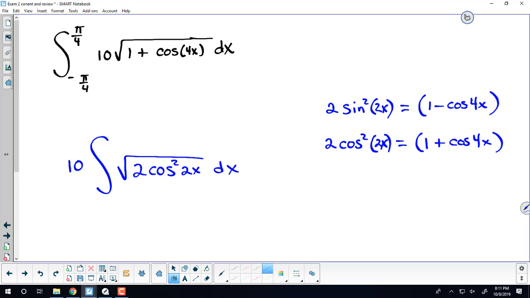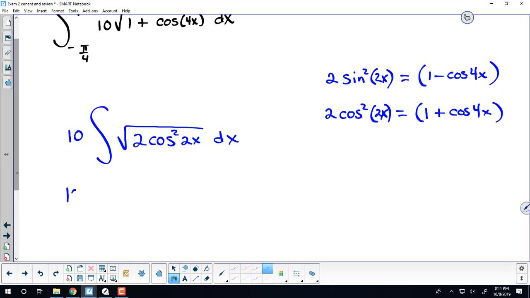And then we have the square root of 2 coming out as a constant. And then it's just cosine of 2x. So that's what we need to do there for that one. Anybody have any questions on that?